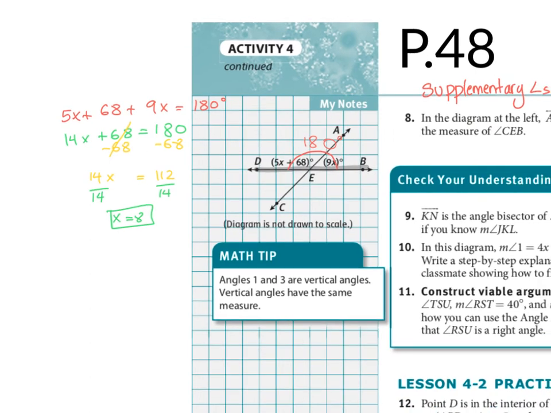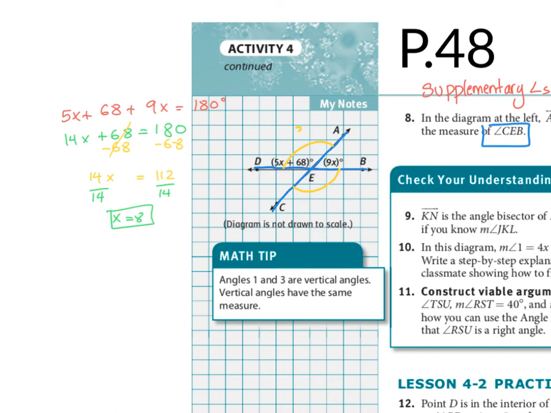So again, they want angle CEB. So that part over here. Let me erase, and I want to show you something else. Now this forms an X, so we have vertical angles. So angle CEB, which is what they want, is going to be equal to the vertical angle AED.